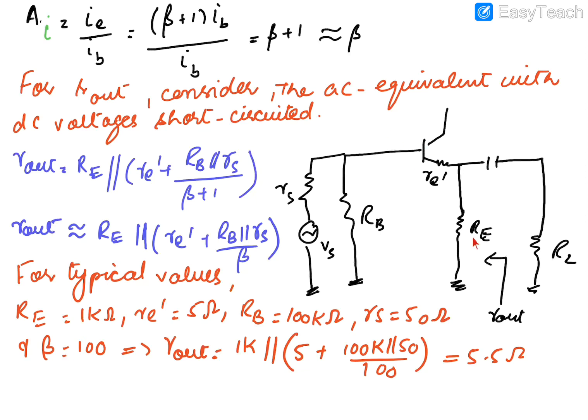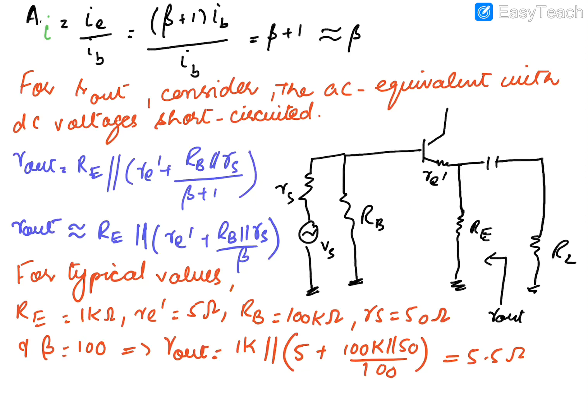From this side we can see that RE is basically parallel with RS plus R. At the input side you can see that RB is in parallel with RS, and we divide it by beta if we have to consider it on the output side.